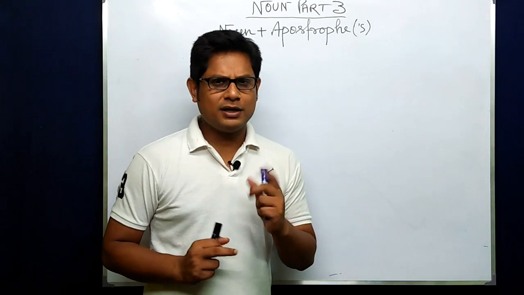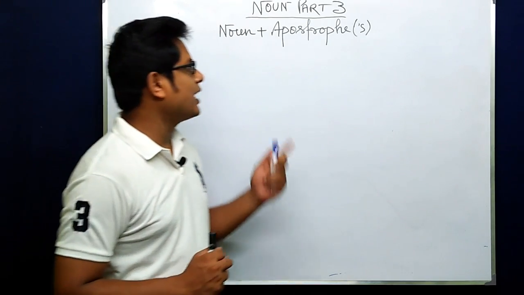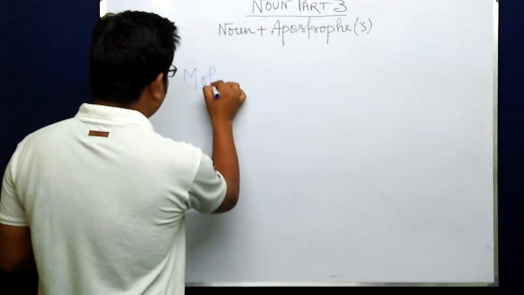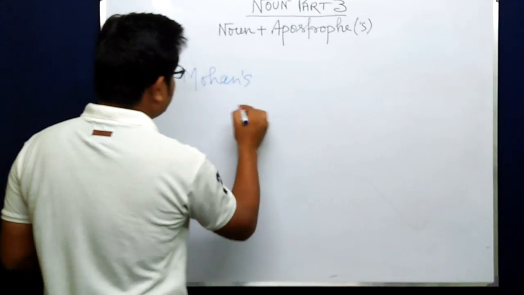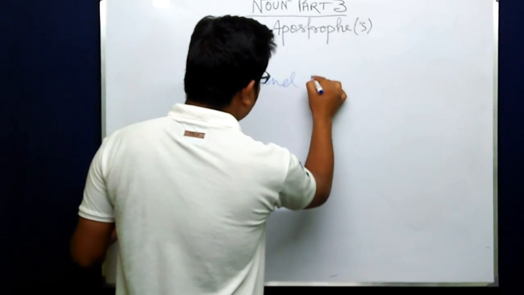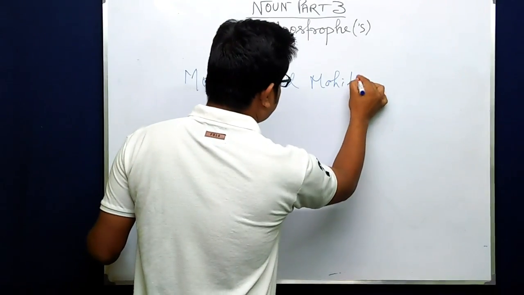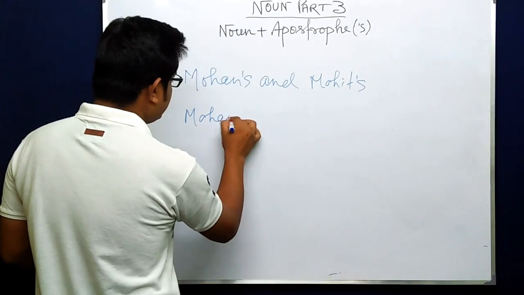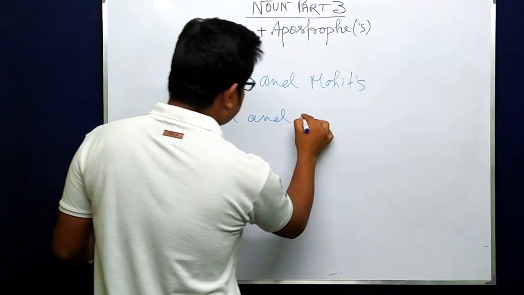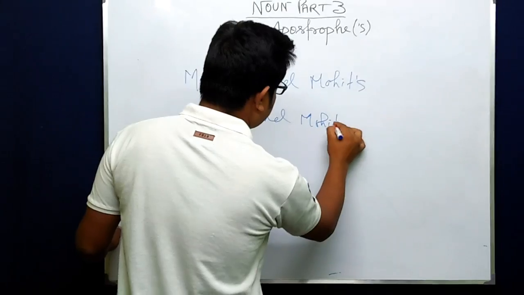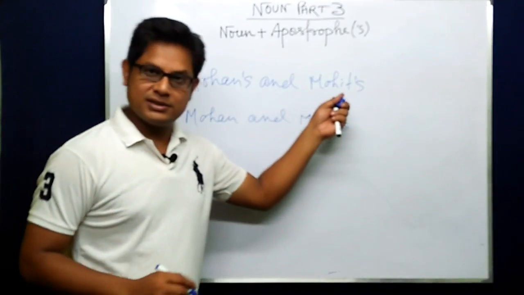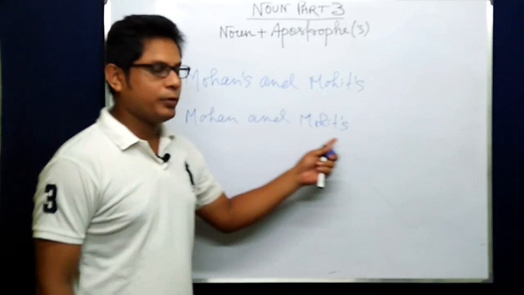Okay, one more and last thing that I want to add about using apostrophe s. Let me give that. If you write Mohan and Mohit, and the sentence is Mohan's and Mohit's, or Mohan and Mohit's.